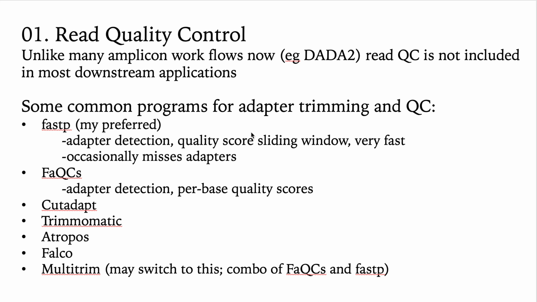FastP does occasionally miss adapters, which can sometimes be left on the raw reads, even though Illumina machines are supposed to trim them off. And so for that, you might want to use something called FAQCS, which is very good at adapter detection.